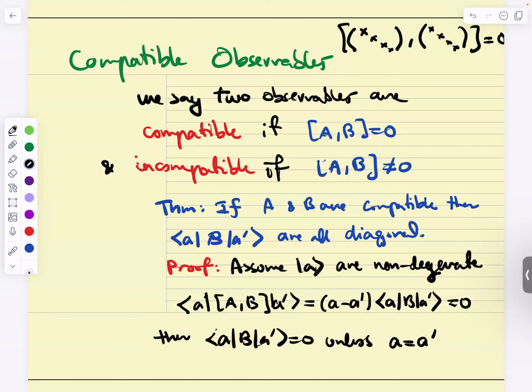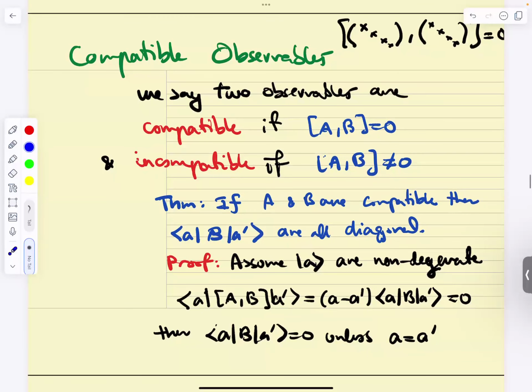Because they're observables, how do you find the diagonal basis for one of them? Just expand them in their own eigenbasis. Therefore, both of them are diagonal in the same eigenbasis of one of them. Clear? We're going to prove that in a second. It's a one-liner, but let's first let it sink in. Any questions?